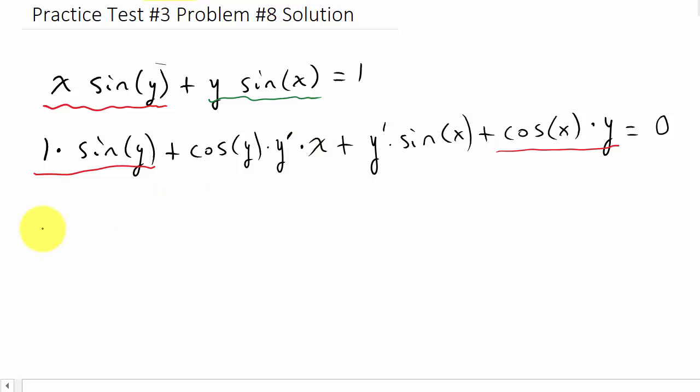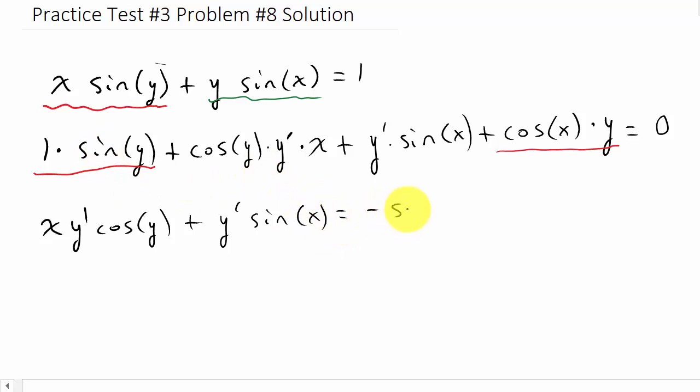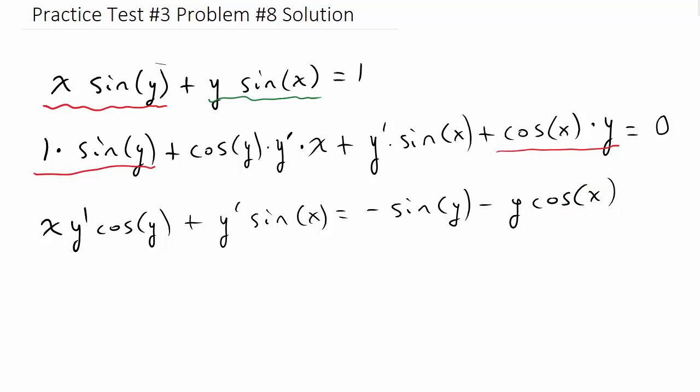And so that's going to leave me with x y prime cosine y plus y prime sine x equals, so let's move these over, negative sine y minus y cosine x.